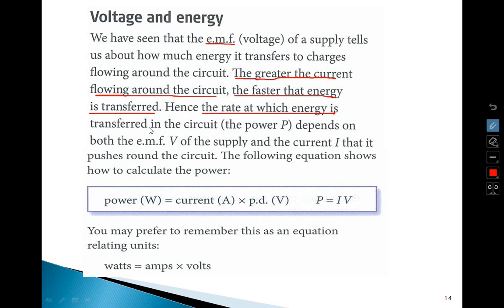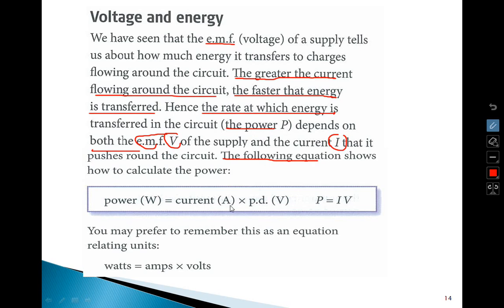The rate at which energy is transferred in the circuit, the power P, depends on both the EMF or V of the supply and the current I. The rate of energy depends directly on V and I that push around the circuit. So the final result is that the following equation shows how to calculate the power.